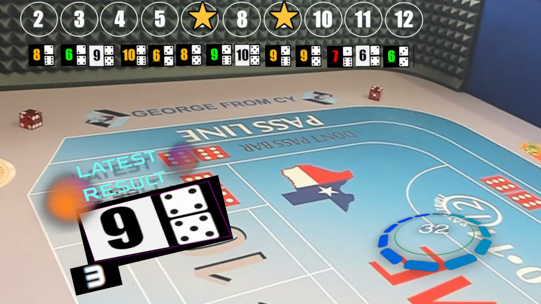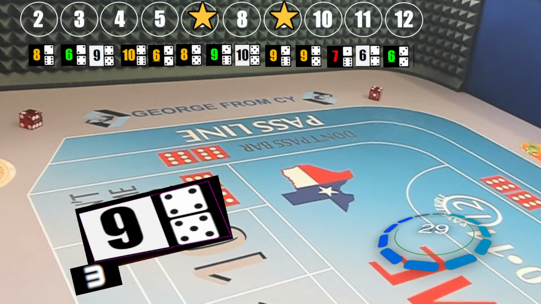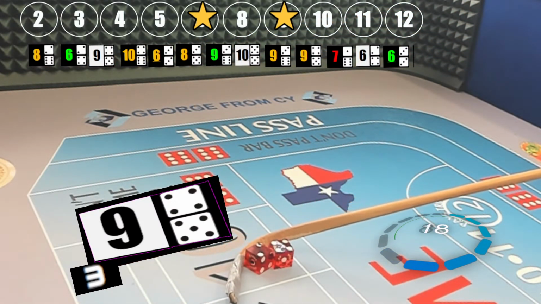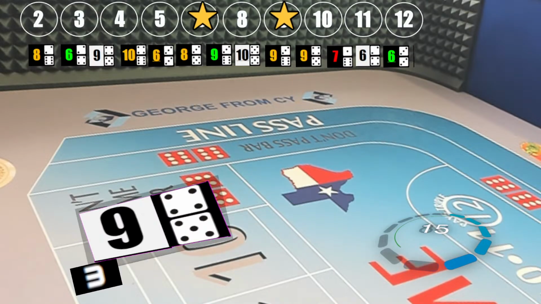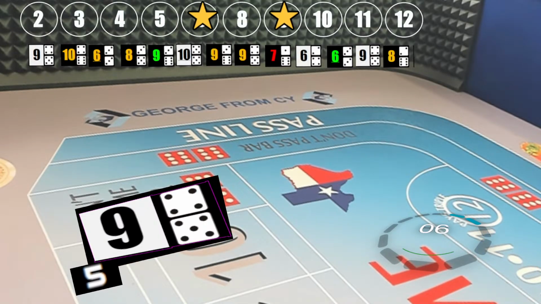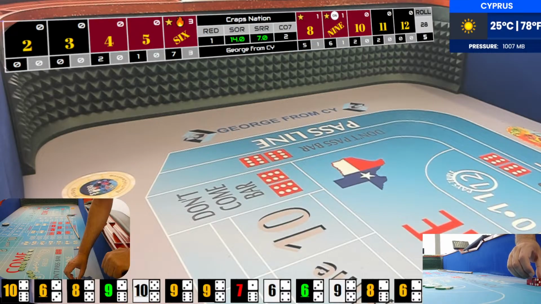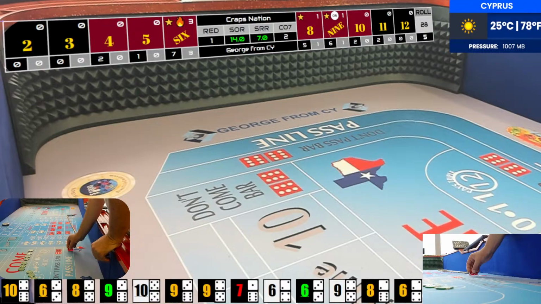That's hit number 3. Why it doesn't come up, but it will come up eventually on the screen. 6-3, 6-5. Nice.